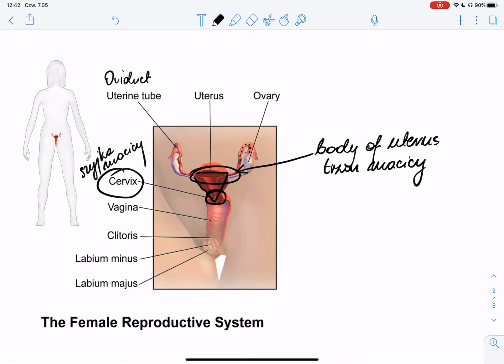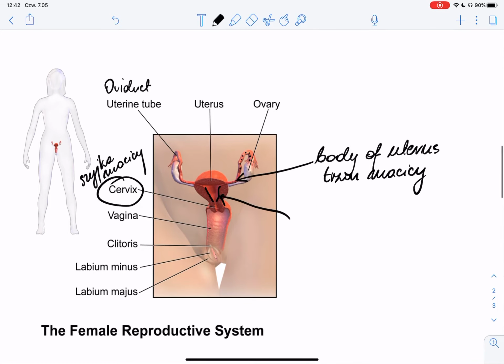Walls of uterus, maybe I'll just wipe it. The walls of uterus are built with a thick layer of muscles in a way that they can stretch during pregnancy. Interior of uterus is lined with mucous membrane with numerous blood vessels. Also, this internal lining of uterus is endometrium.